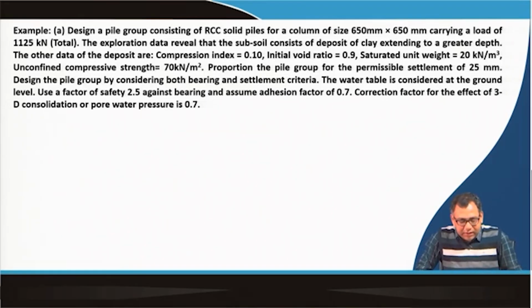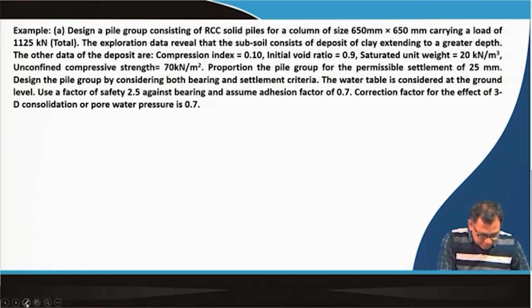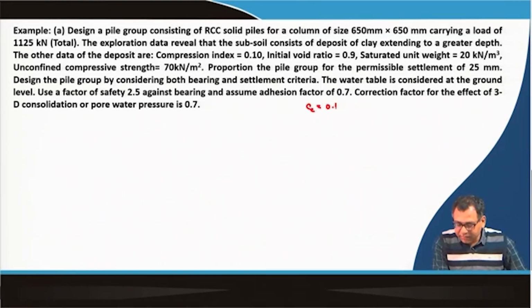The other data of the soil deposit are: Cc value is 0.1, initial void ratio e0 is 0.9, saturated unit weight of the soil is 20 kilonewton per meter cube, and unconfined compressive strength qu is 70 kilonewton per meter square.